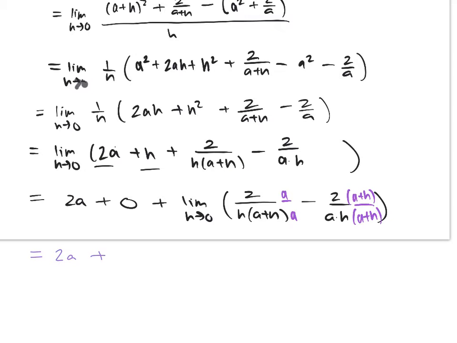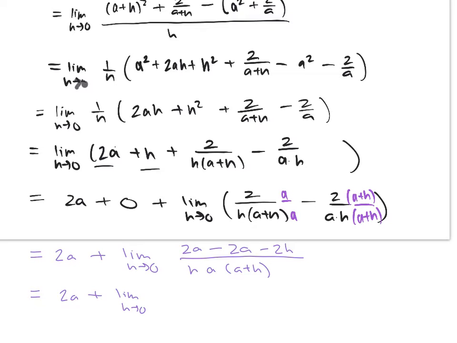To a plus limit h goes to 0, 2a minus 2a minus 2h over h times a plus h. Okay, so that's going to be 2a plus limit h goes to 0.